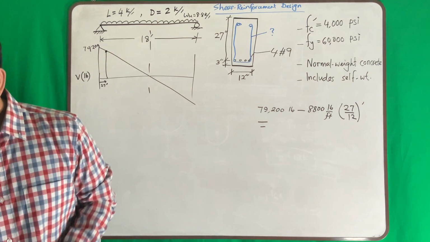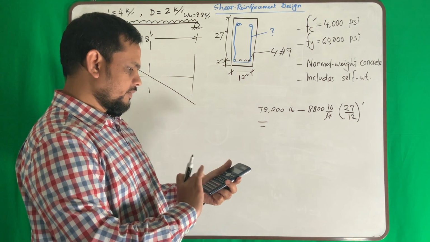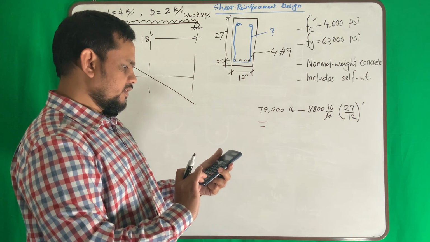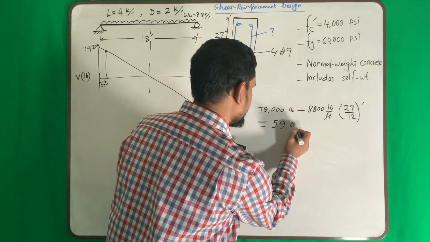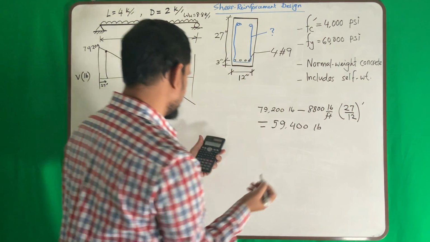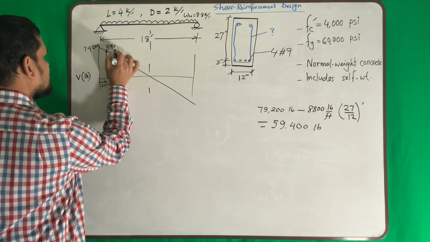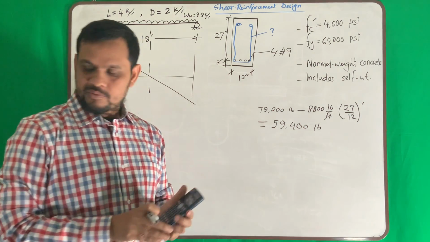Okay. So if I use the calculator, 79,200 minus 8,800 times 27 divided by 12, I got 59,400 pound. So this is the shear force here. That is my design shear force.